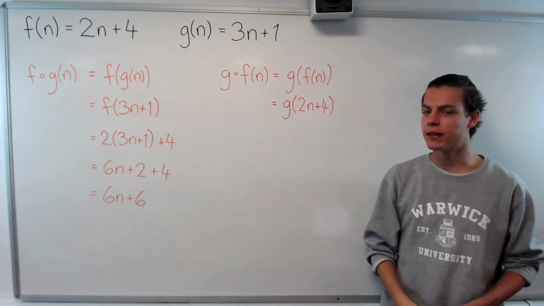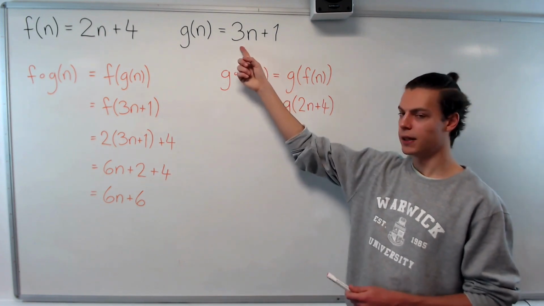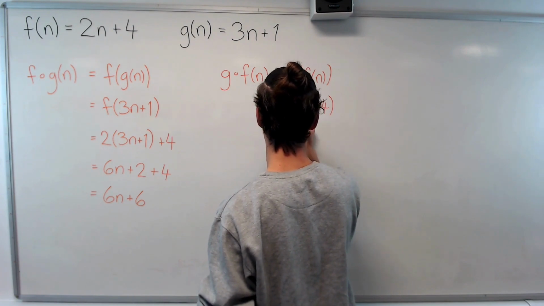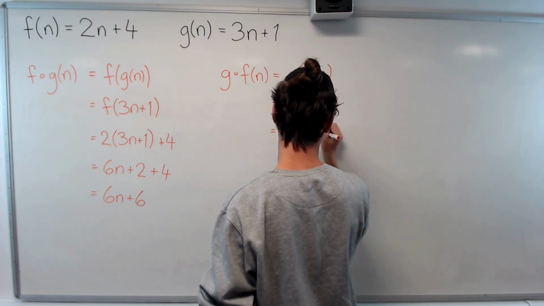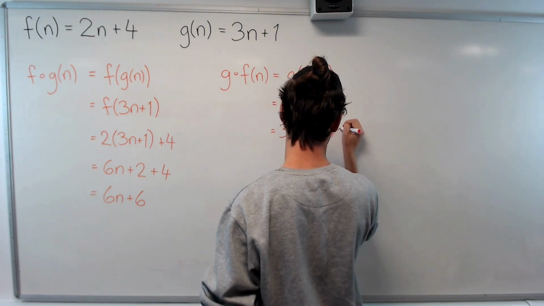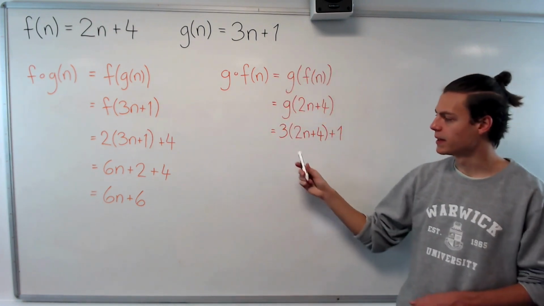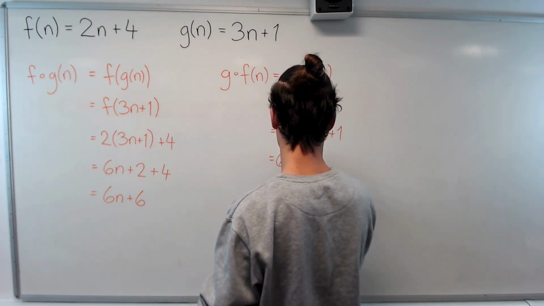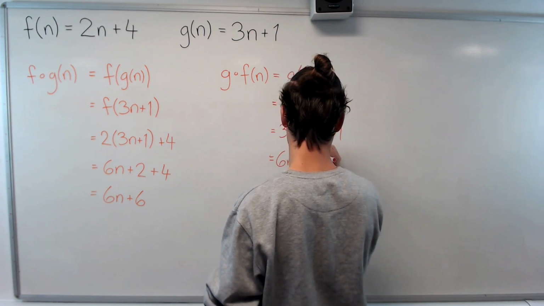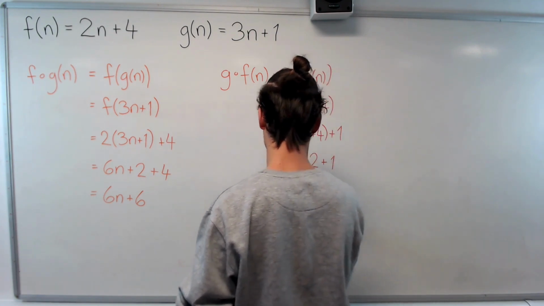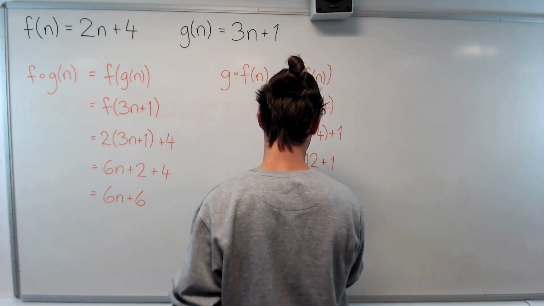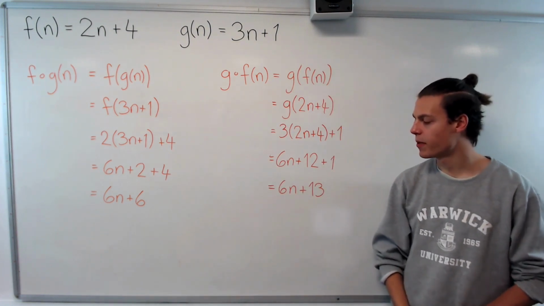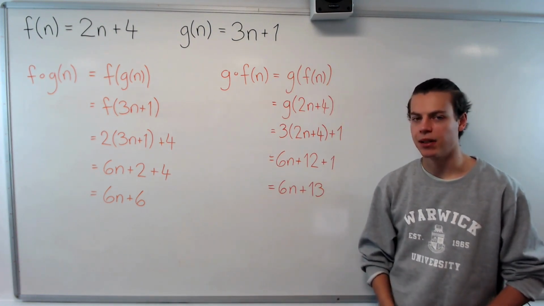And then applying g to this result will give us 3 times (2n plus 4) plus 1. And again, we can simplify this. And we get g composed with f of n is 6n plus 13.